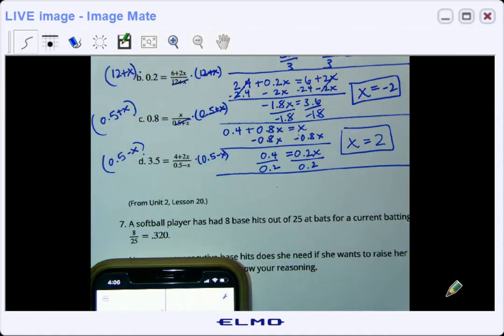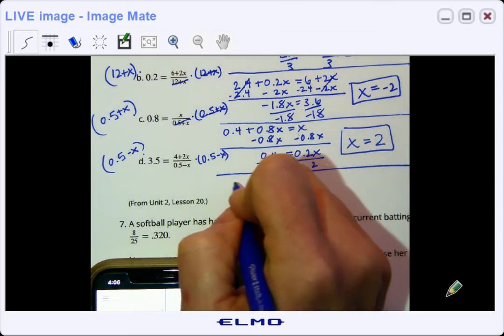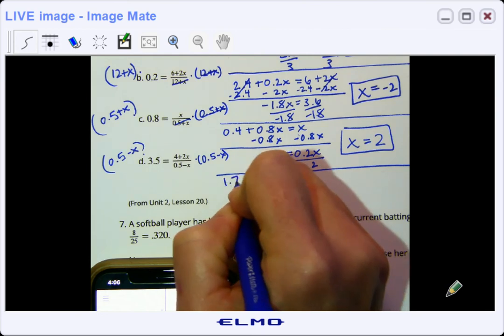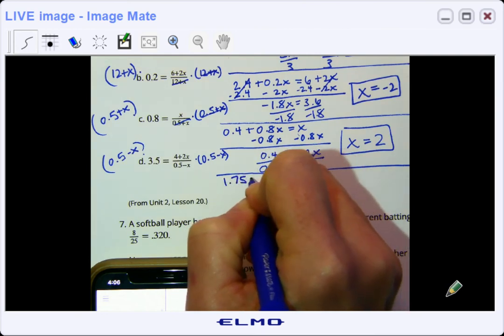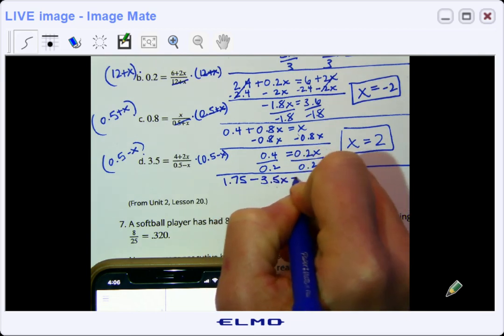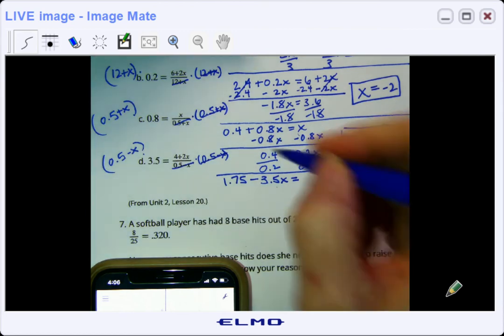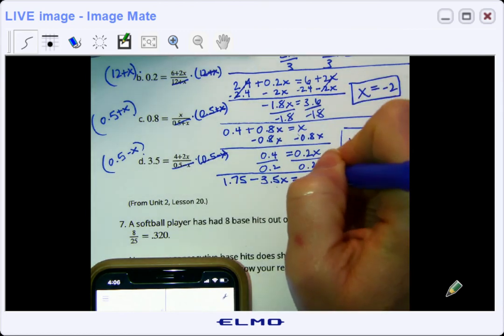Okay, so 0.5, I have to distribute, times 3.5. 0.5 times 3.5 is 1.75. So 1.75 minus 3.5x equals, those cancel each other out, 4 plus 2x.